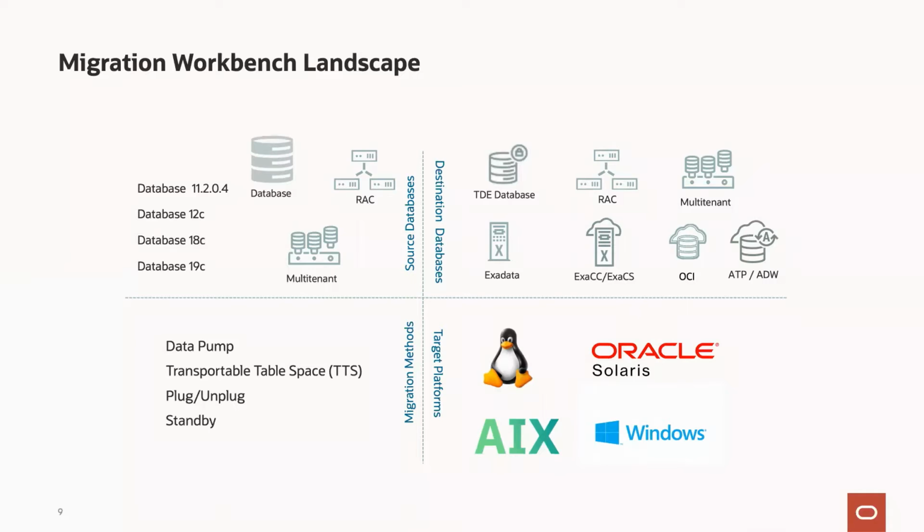You can migrate to various destinations: on-premise to on-premise, commodity hardware to Exadata Cloud at Customer, to Exadata Cloud Service, and to Autonomous. All this can be done with various migration methods like Data Pump, transportable tablespace, plug/unplug for pluggable databases, and via standby on various platforms, whether it's Windows, Linux, Solaris, or AIX.